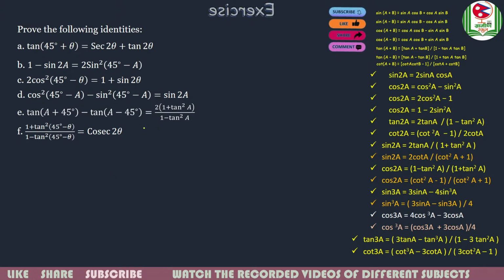I think this one is very simple. Why? Because you have to apply the formula for tan a plus b, and this one is tan a minus b. So for this, here LHS is tan (a plus 45 degree) minus tan (a minus 45 degree).